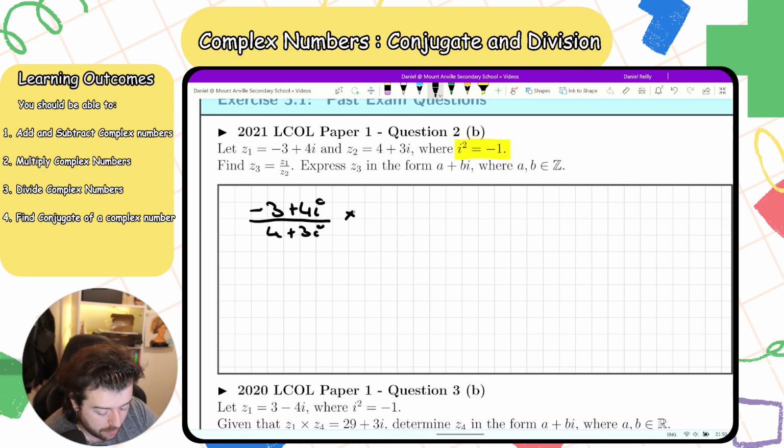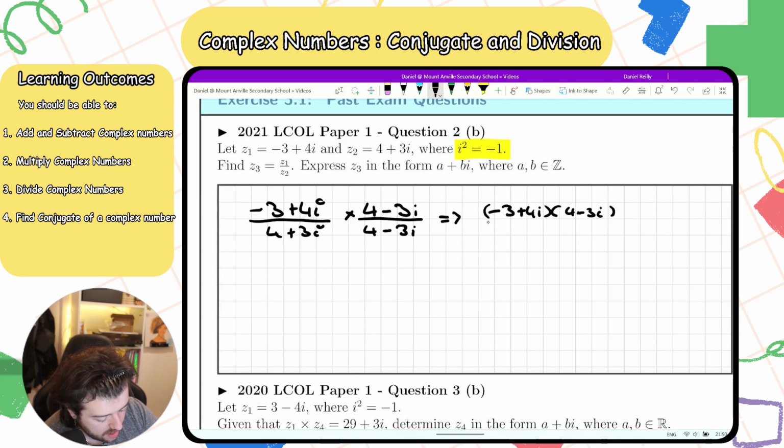I multiply the top by the conjugate of the denominator, 4 minus 3i, and then multiply the bottom by 4 minus 3i. So that's minus 3 plus 4i times 4 minus 3i, all over 4 plus 3i times 4 minus 3i.